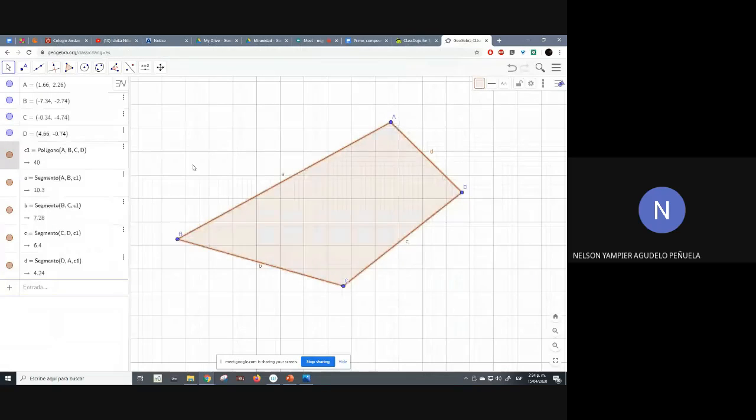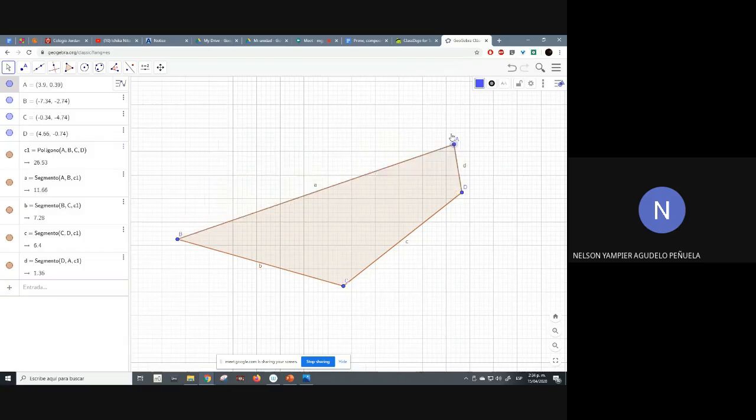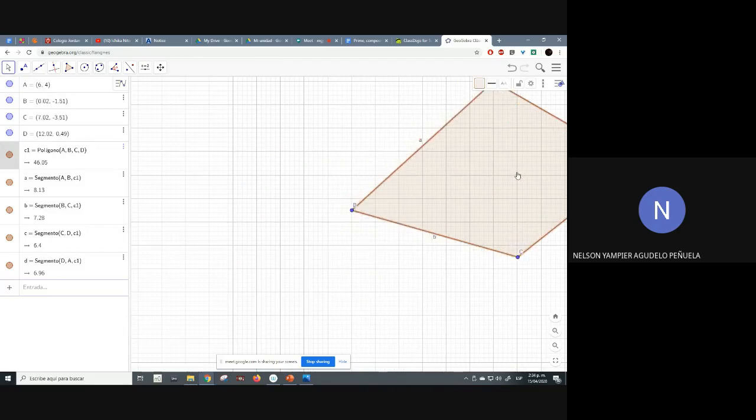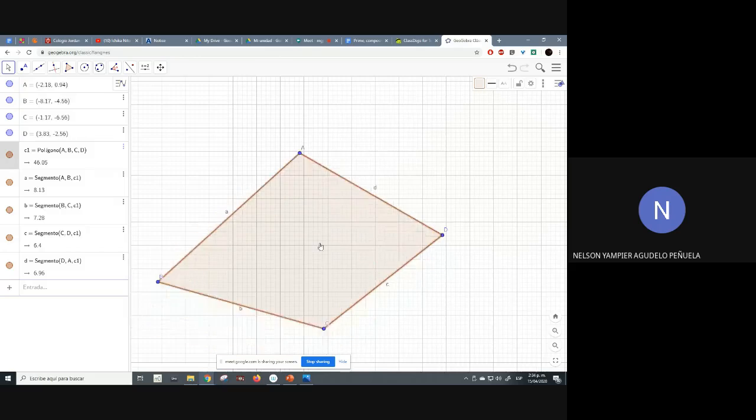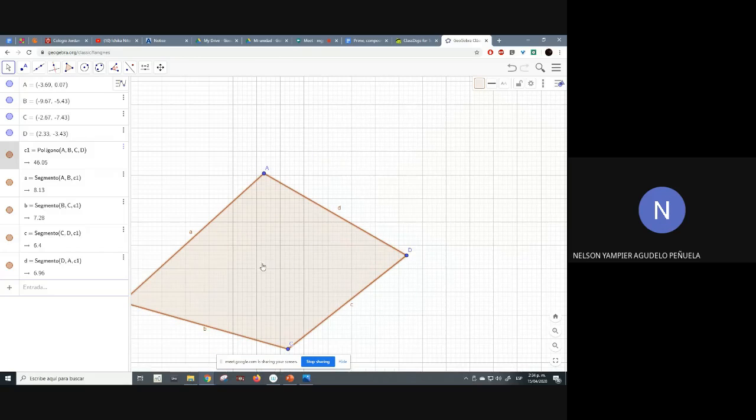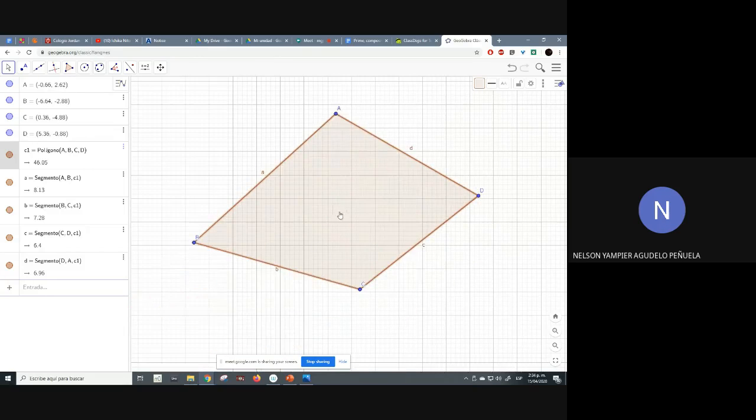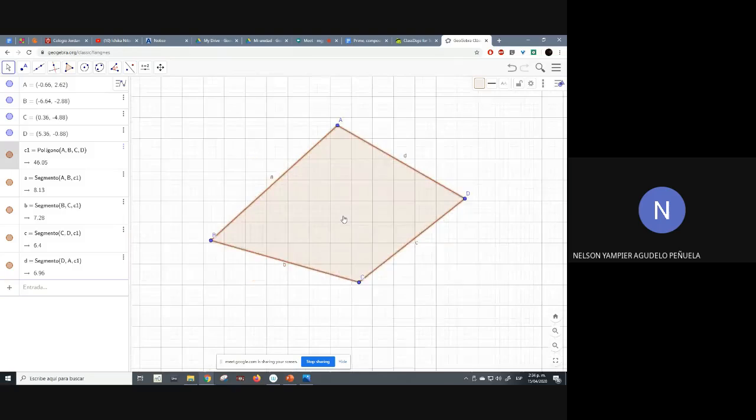Okay, here I drew a polygon, which is a quadrilateral, as I was telling you, because it has four sides. So imagine that I changed the position of the point A. Well, I transformed the polygon. That is a change that I made. What if I move it to another place? That is also a transformation because I changed the position. Or what if I make it bigger, like here?